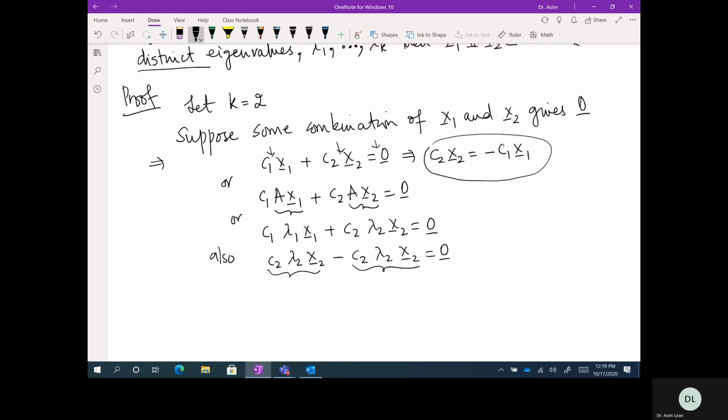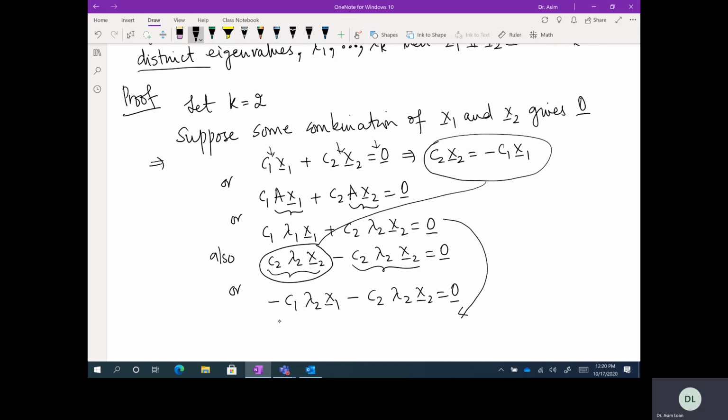If I substitute c2x2 equals minus c1x1 here, I get minus c1 lambda 2 x1 minus c2 lambda 2 x2 equals 0. And from before, I have c1 lambda 1 x1 plus c2 lambda 2 x2 equals 0.